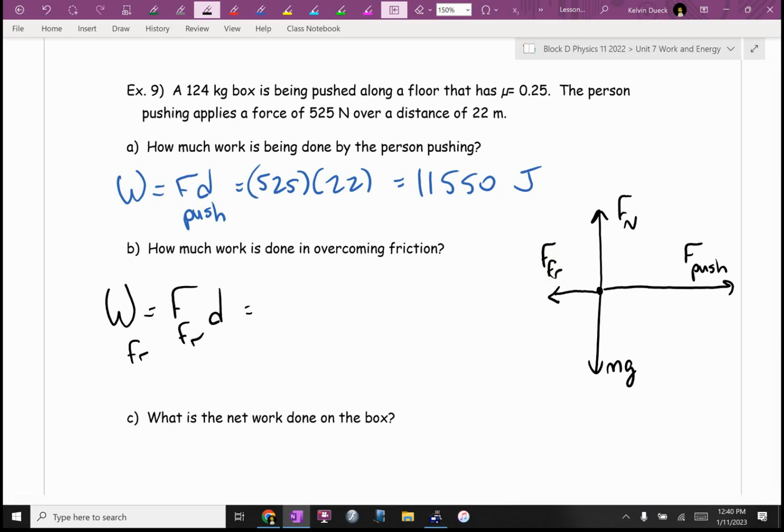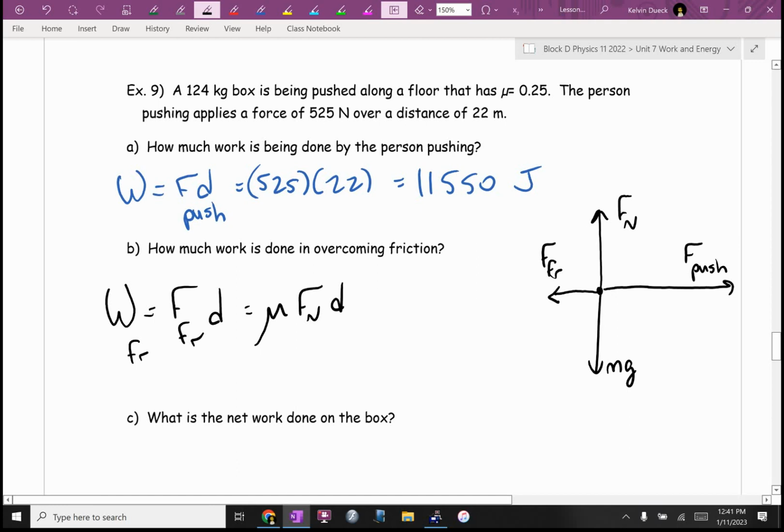Let's keep going. Friction. What can I do with FFR? What can I do with friction? Oh, mu times the normal force, you say. You get that right from the green sheet? Okay. Oh, I don't know the normal force. Oh, but look. I know the force is the same size as the normal force.